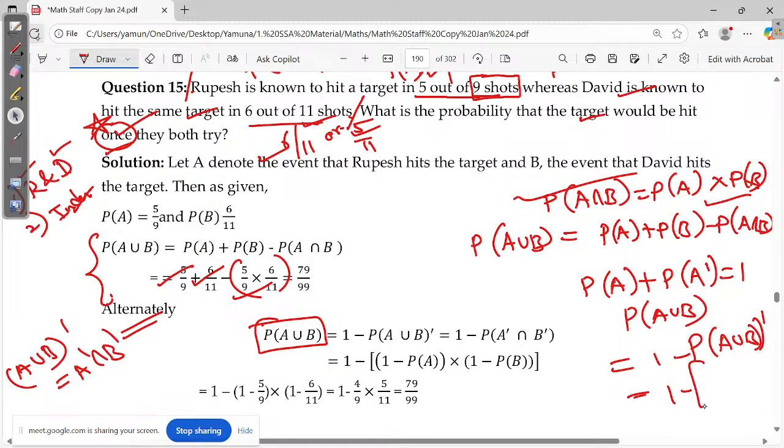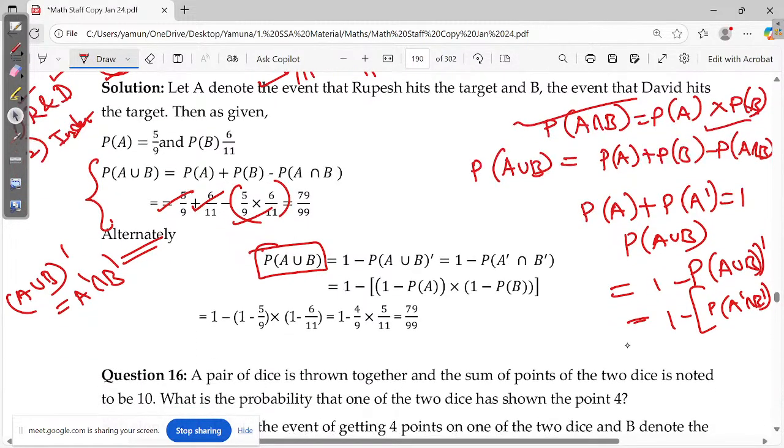So this is 1 minus P of A dash intersection B dash. Since A and B are independent, A dash and B dash are independent, so this will be 1 minus P of A dash into P of B dash. P of A dash is 1 minus P of A, and P of B dash is 1 minus P of B. So that's how we get this. Okay? Please check.